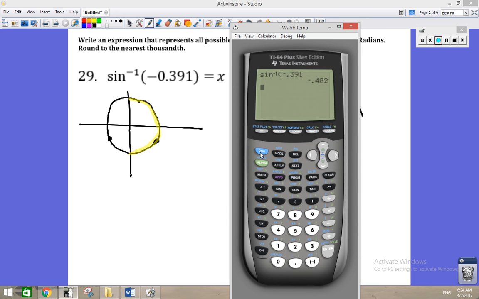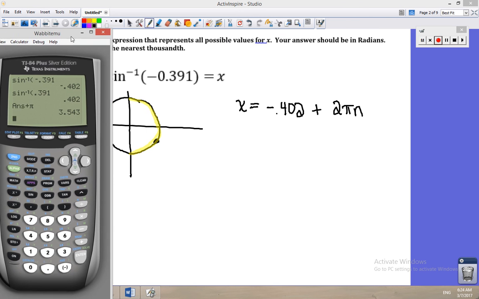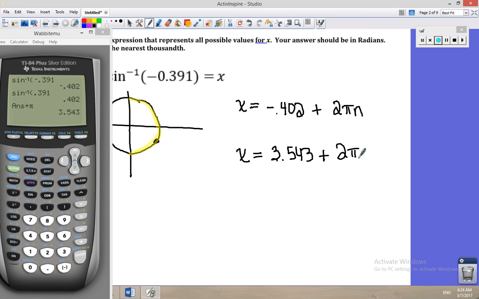Now let's get the reference angle by just taking the inverse sine of this positive. So there's my reference angle, and I want to add pi to that. That gets me to that point in quadrant 3 and any angle that's coterminal.